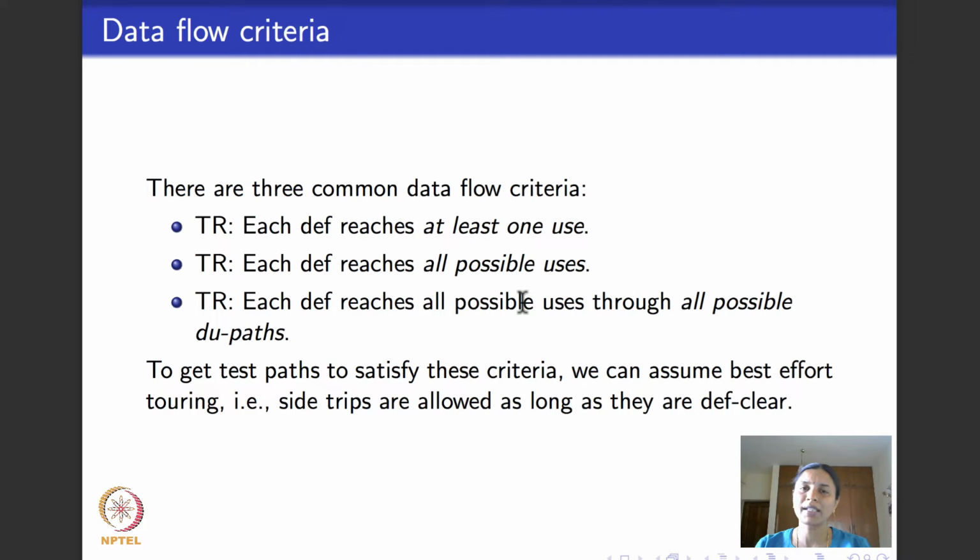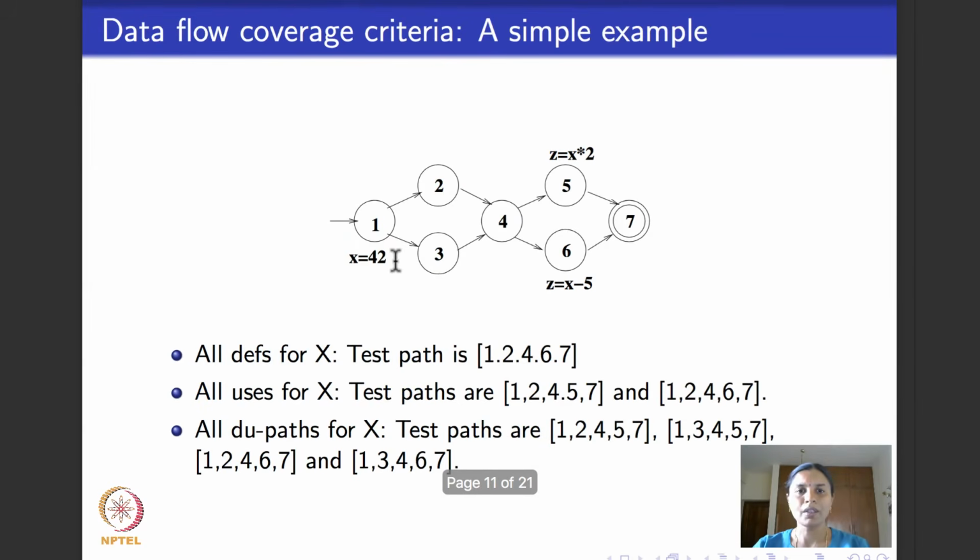Is it clear? So basically three different elementary data flow criteria. Cover every definition, make sure it reaches at least one use. The second says cover every definition, make sure it reaches all its uses. The third says cover every definition, make sure it reaches all its uses using every possible different path to get to the uses.